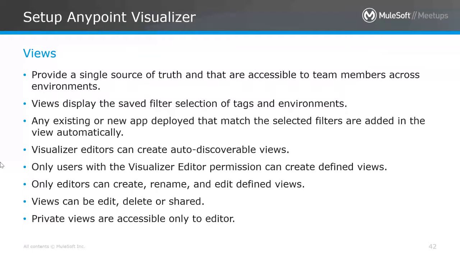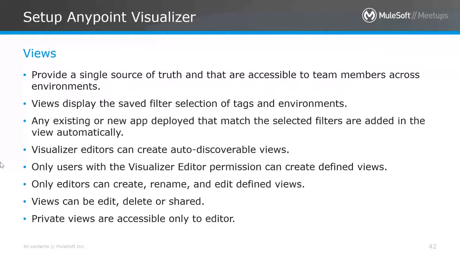After that, someone added one more application with the same tag XYZ, and the next day you come to your saved visualizer view, you will see the other application available there, because it is added automatically. You don't need to manually add any application there. You just need to set those properties, and whichever application meets the criteria will appear automatically.